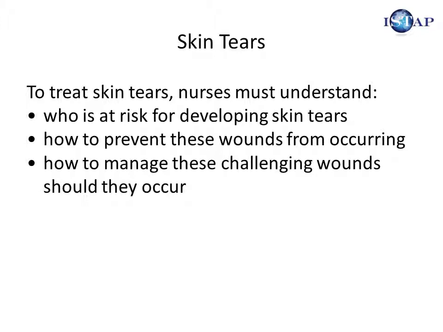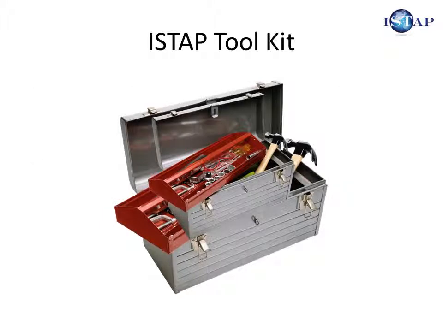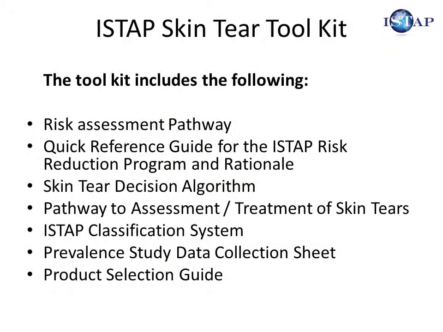So to treat skin tears, nurses must understand who's at risk for developing skin tears. Then you need to know how to prevent these wounds from occurring. And lastly, you need to know how to manage these challenging wounds should they occur. So ISTAP has developed a toolkit, and again, that's on the website. The toolkit includes the following. There's a risk assessment pathway.